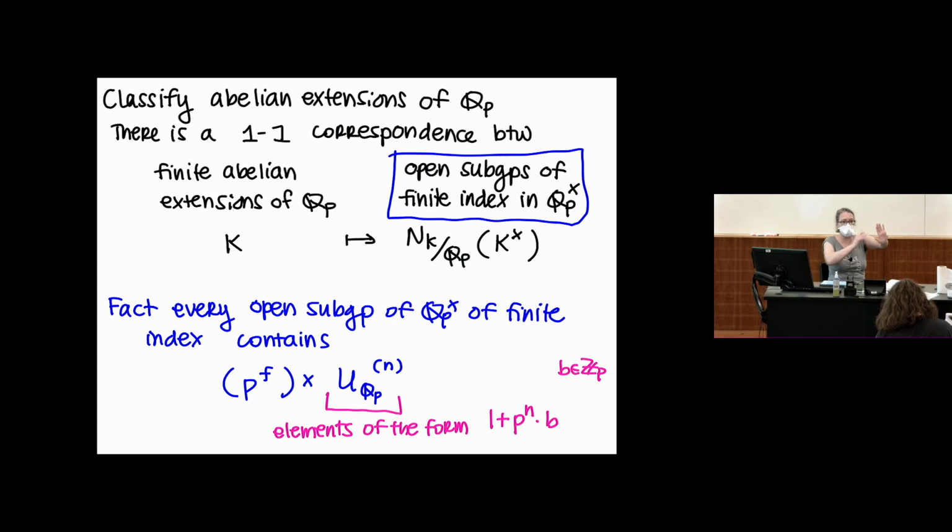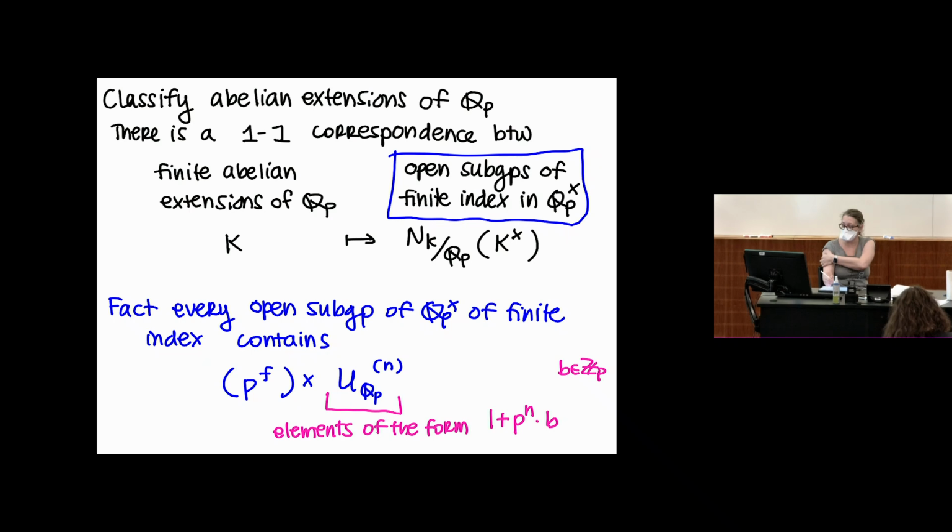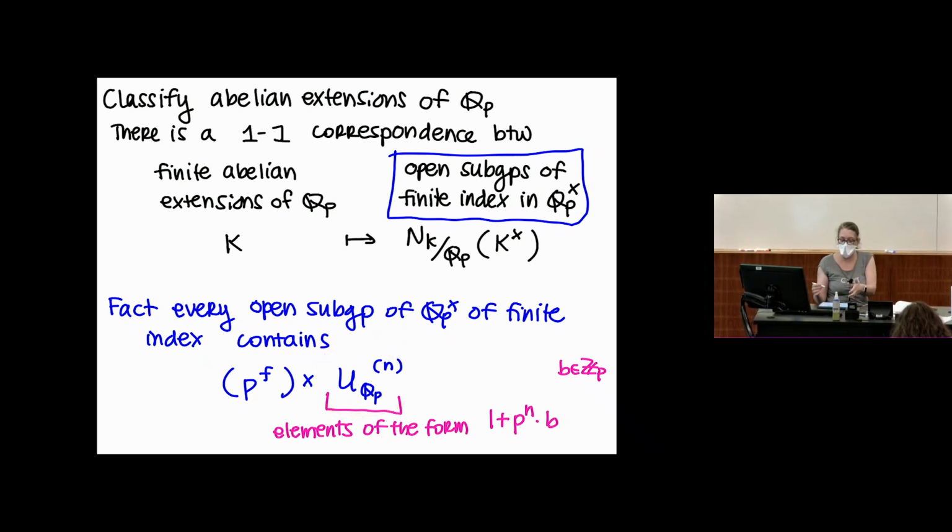So they have 1 and then a bunch of nothing and then p to the n and then some extra stuff. It's an exercise that this is a ball around 1 in the topology that Lori defined this morning, so these are open balls. And if you want them to be of finite index, then you need to chop up your p's.